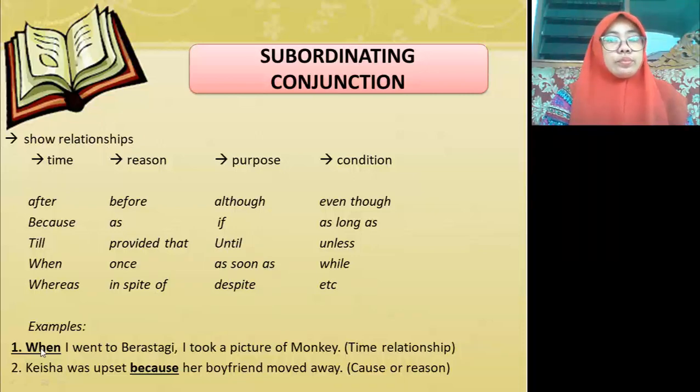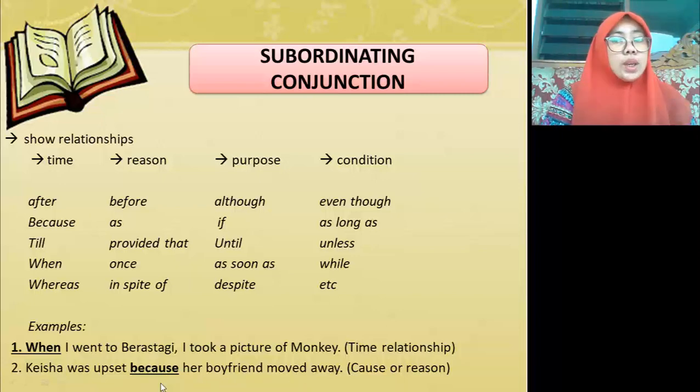For example, when I went to Brastagi, I took a picture of a monkey. If we look at the word when here, when is showing the time when I went to Brastagi. The second example, Keisha was upset because her boyfriend moved away.